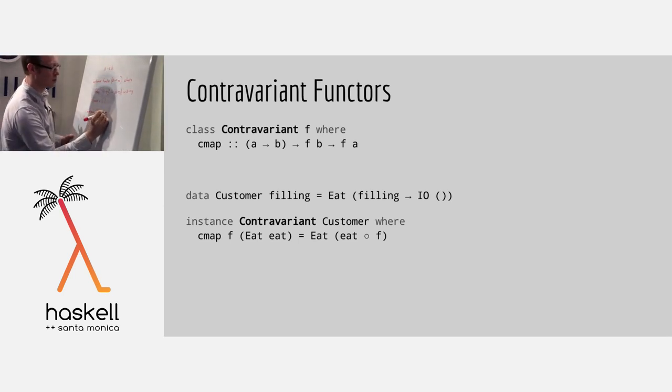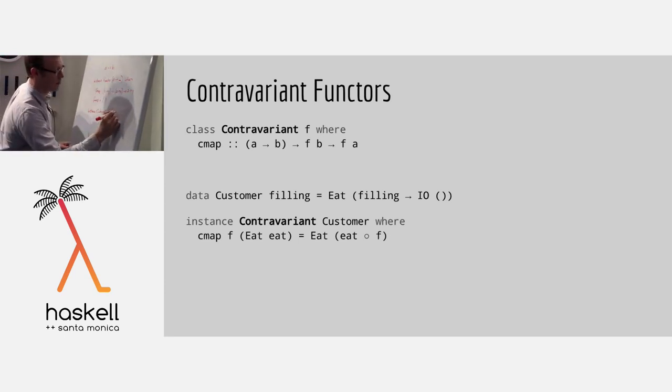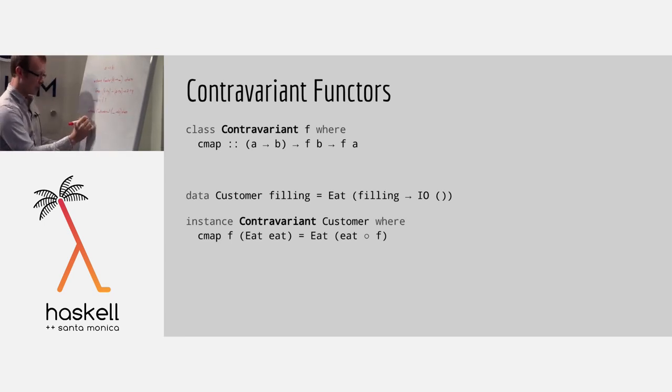So let's say we want to write a contravariant instance. But now my claim is that it's contravariant in this piece, right? So let's write out the signature again. We had CMap, and we needed an A to a B, and then a C of B. Alpha renaming in my head is not working.